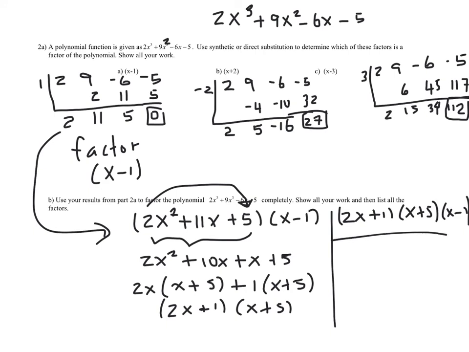Those are the factors. What are the zeros? This is gotten by equating each factor to 0. So the first one is x equal to negative 1/2. The next one is negative 5. And finally we have 1. So those will be the zeros of that polynomial. We got the factors and we got the zeros too.